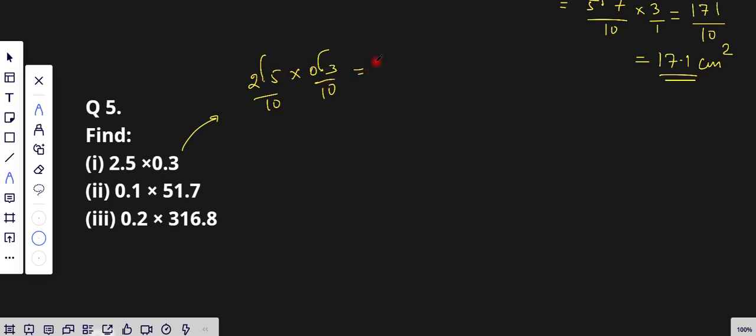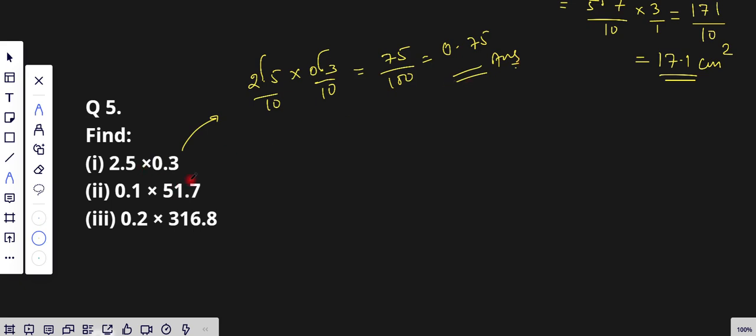Now 25 threes are 75, and in the denominator you have 100. Now you have 100 in the denominator, so before 75 you will put a decimal. So this is your answer. 75 divided by 100 can be written as 0.75.